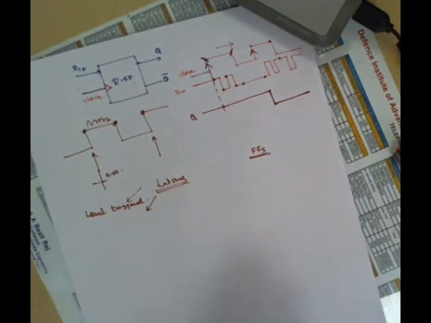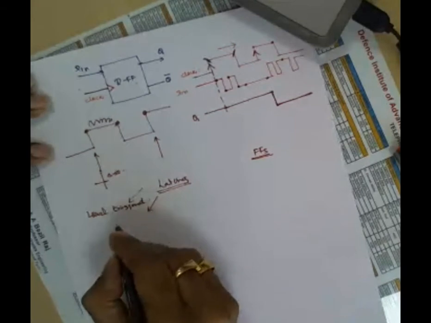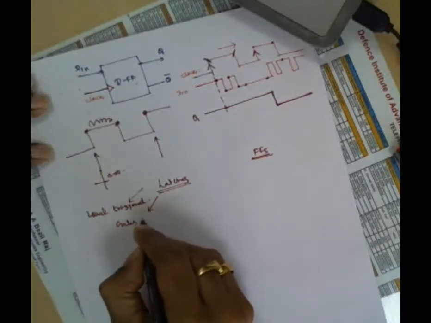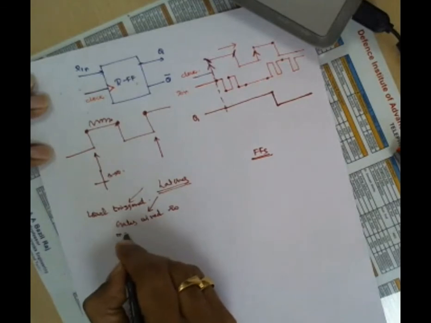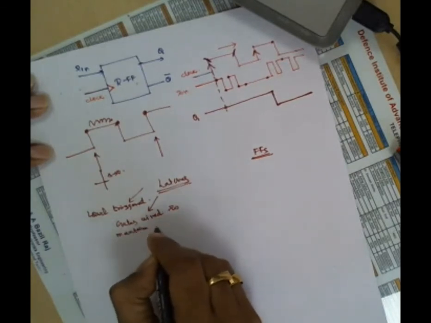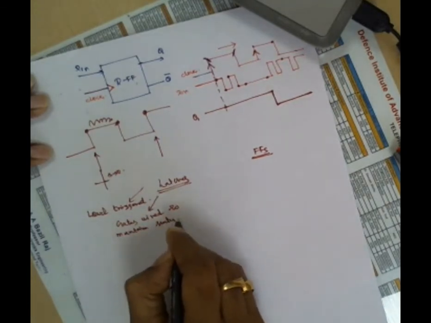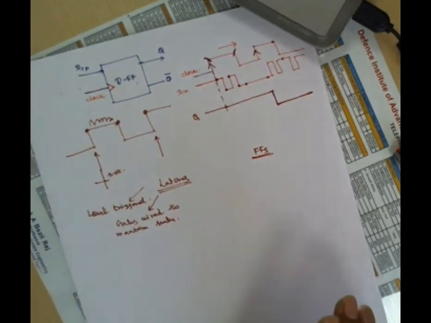Second one, it consists of gates wired to maintain states. Wired to maintain states means stability: gates wired to maintain states.